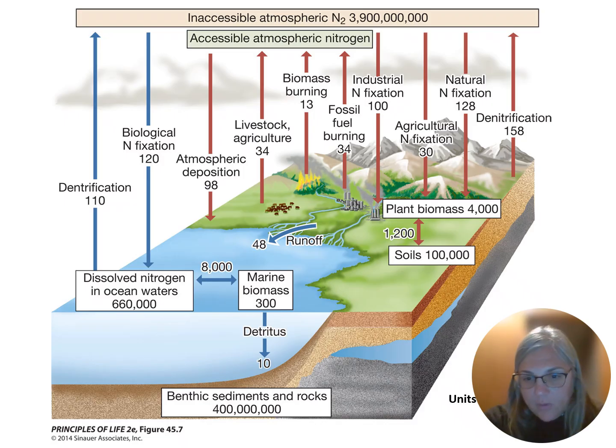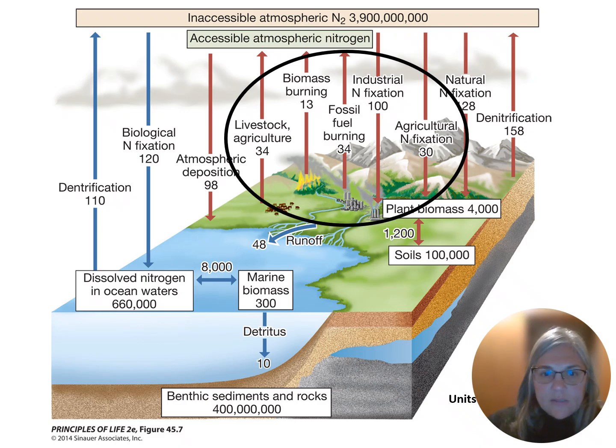Sorry, my little face bubble is blocking the units. And then we've got things like biomass burning, and industrial nitrogen fixation is at 100. So that just shows you the relative contribution of these human-influenced fluxes.